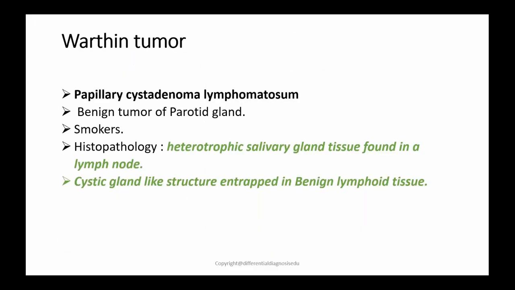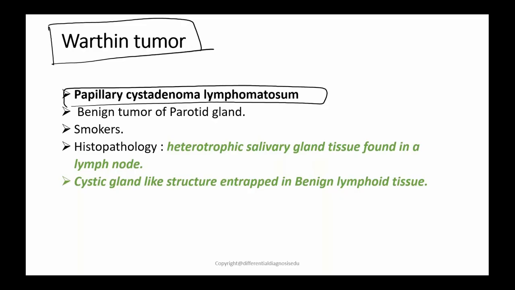Next is Warthin tumor, papillary cystadenoma lymphomatosum. That's the other name for Warthin tumor, but in the exam they'll give you this option in the multiple choice. This is again a benign tumor of the parotid gland, common in smokers. Smoker is a clue.